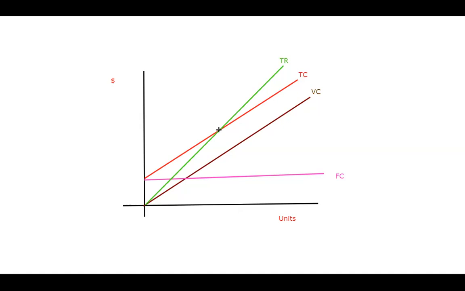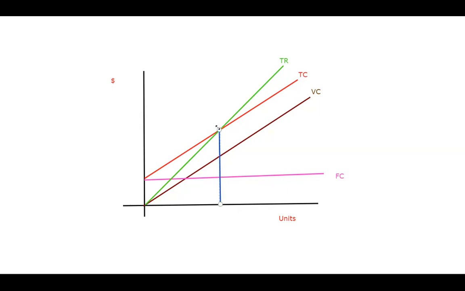So now, the question is, where is our BEP? BEP is in here. I want to put BEP in which color? Blue. So this is our BEP. This is the exact point. This is our break-even point.